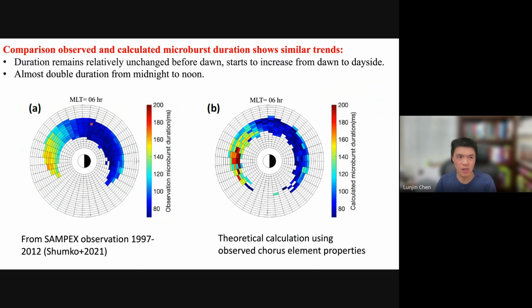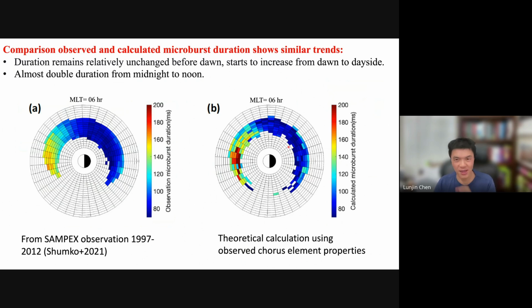I think you can see the trend is good: the lower value at midnight and higher value on the daytime, which is consistent with the SAMPEX observation, and the value is also quite reasonable, about 80 milliseconds on the dayside. So I think that statistically we are able to reproduce the microburst duration distribution using the equatorial chorus wave properties.